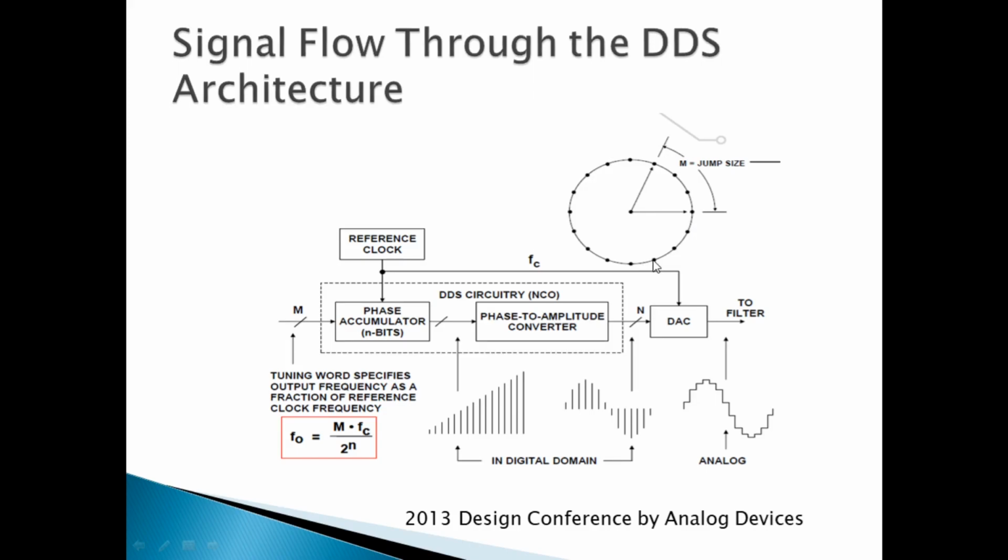So there are 2 raised to n locations where it contains data of phase and amplitude stored into the lookup table. And if I choose to have M, which is nothing but the jump size, I can choose to have any amount of jump size depending upon the requirement of my frequency.